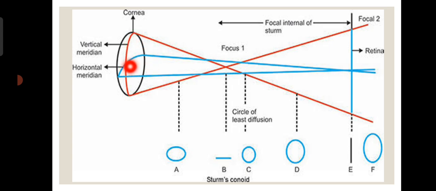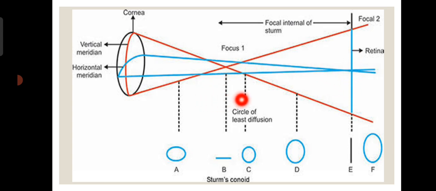So the vergence of light from the vertical meridian is focusing at focus 1, suppose, and the rays of light from the horizontal meridian are focusing at focus 2. Focus 1 is the vertical meridian and focus 2 is the horizontal meridian.